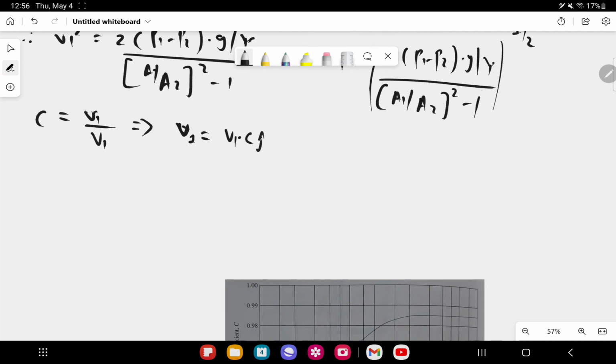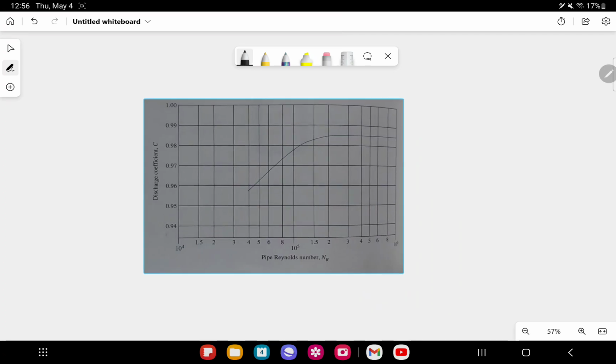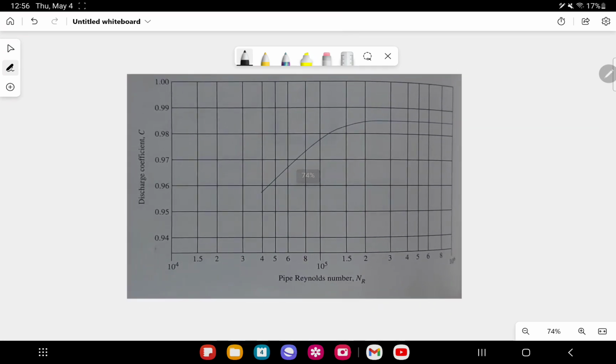Well, in order to determine the value of C, we need to use this chart, and it is clear that the value of C depends upon the pipe Reynolds number.